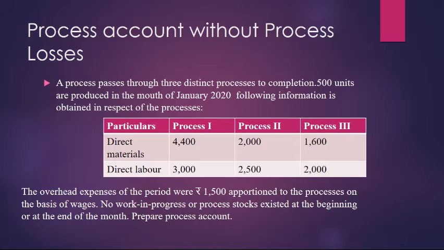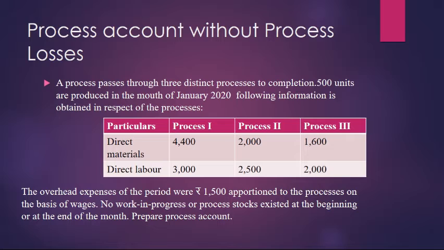We have to know what overhead expenses are. Overhead expenses are the indirect expenses that will be apportioned to these three processes, that is process 1, 2 and 3. All these processes should have a portion of these overhead expenses. The total amounts to 1,500. And it is said that it is apportioned to the processes on the basis of wages.